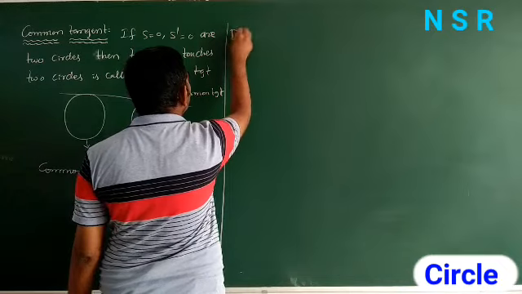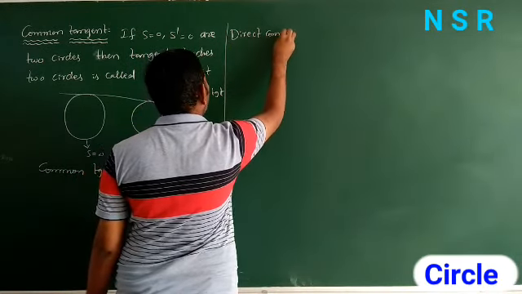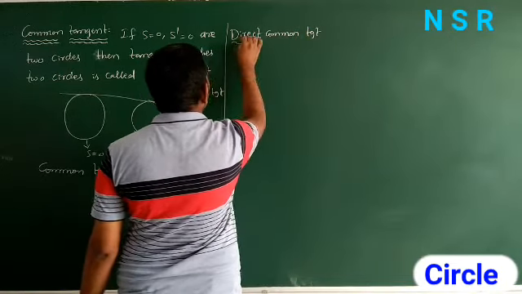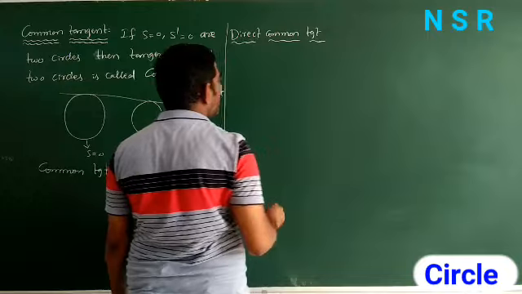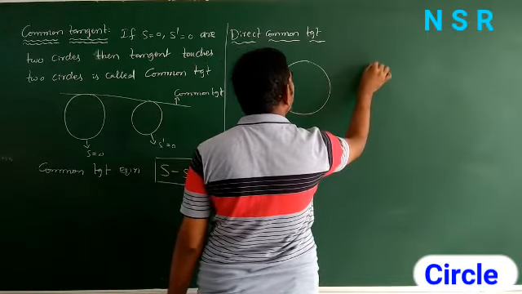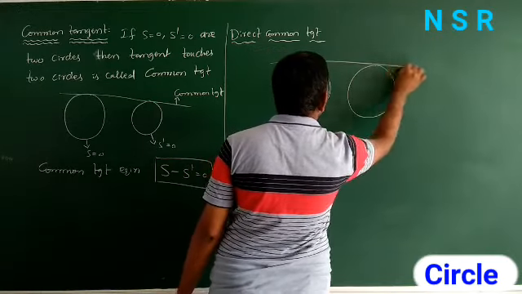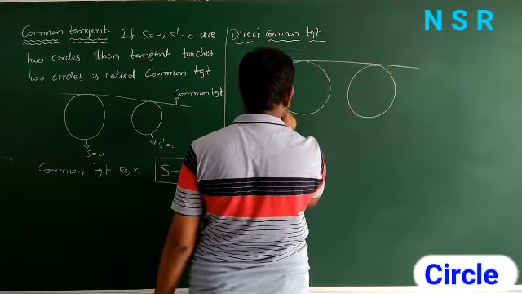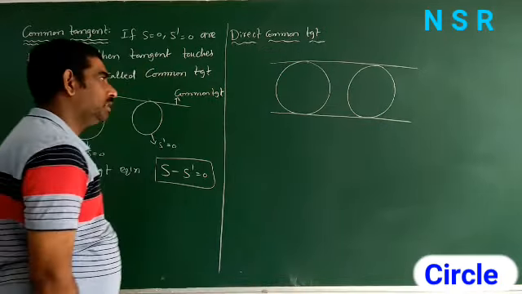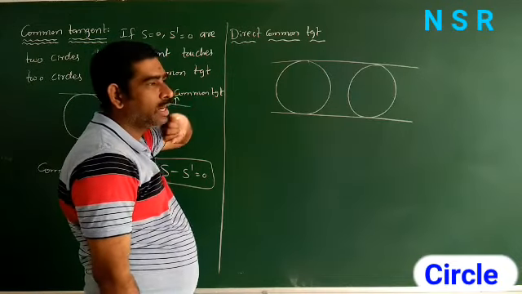The first one is the direct common tangent. Direct common tangent means a tangent touches the circles on the same side. It is a common tangent and also a direct common tangent.